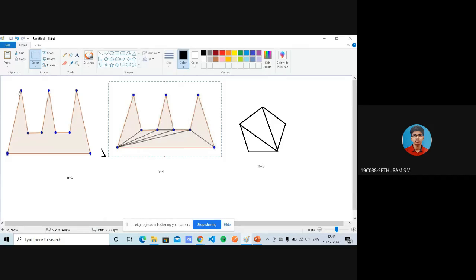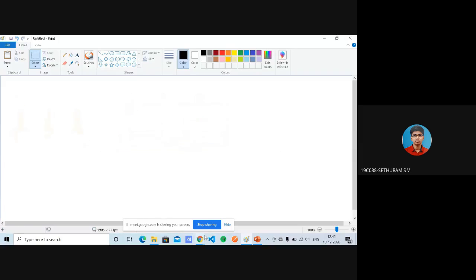As I said earlier, placing cameras at each of these vertices will get the job done. But we cannot afford n cameras for an n-vertex polygon, which is not an efficient solution for this problem. So let's take an example.